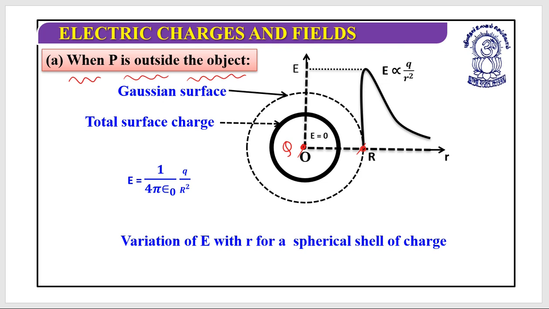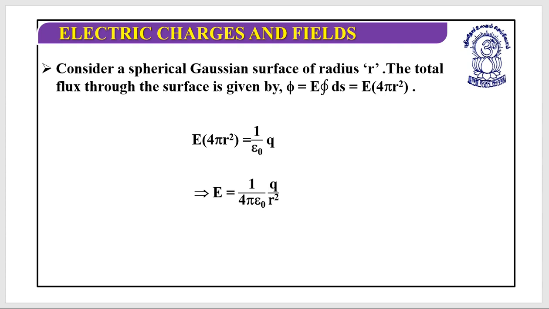So how can I do this? Do you remember what we performed in calculating the electric field due to a point charge using Gauss law? Yes, we are going to repeat the same thing.